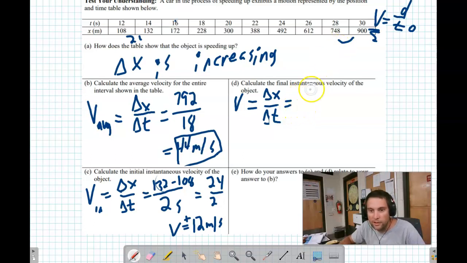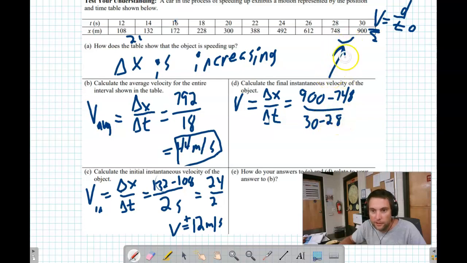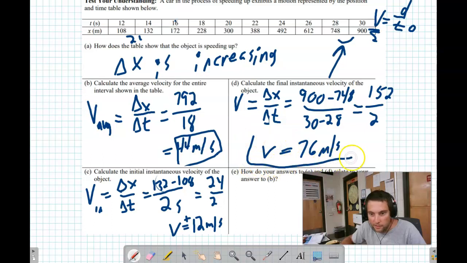Our delta x final minus the initial is 900 minus 748, divided by 30 minus 28. That's this stuff right here. Equals 152 divided by 2. So my v is going to be 76 meters per second. Again, that's positive. We can assume it's positive, and that's just fine.